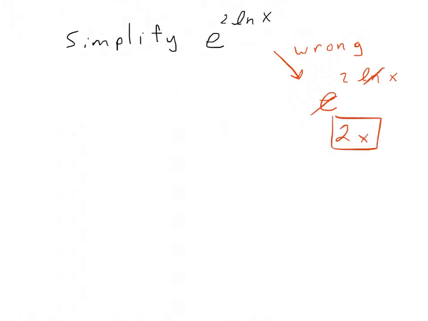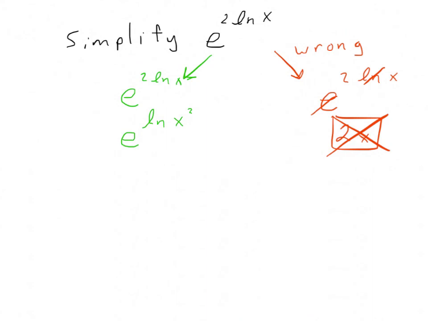Yay! Again, totally wrong. The correct way to do this problem is to recognize that I have e to the 2 ln x. I can take that 2 and move it up as a power, using the properties of the natural log. This would be e to the natural log of x squared.